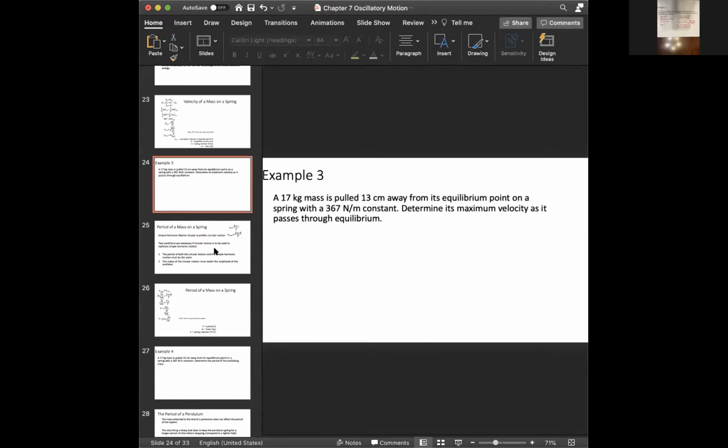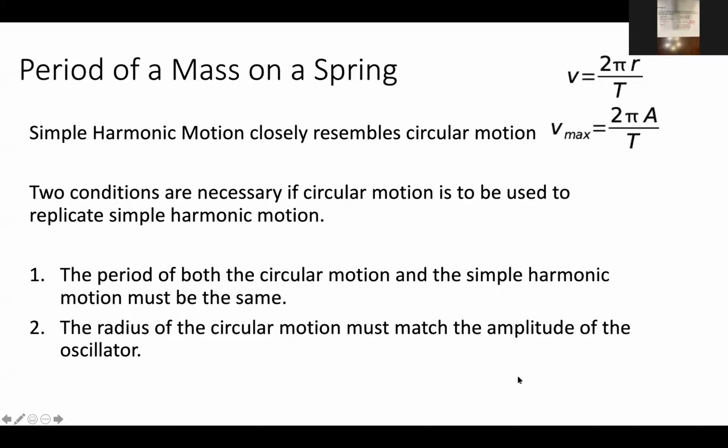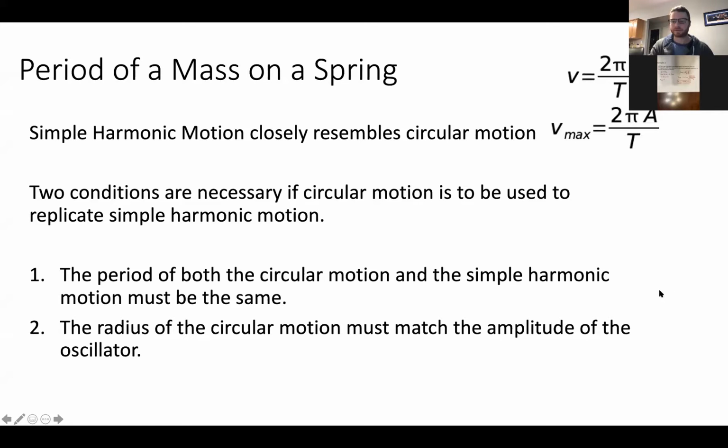All right, so period of a mass on a spring. Simple harmonic motion can closely resemble circular motion.